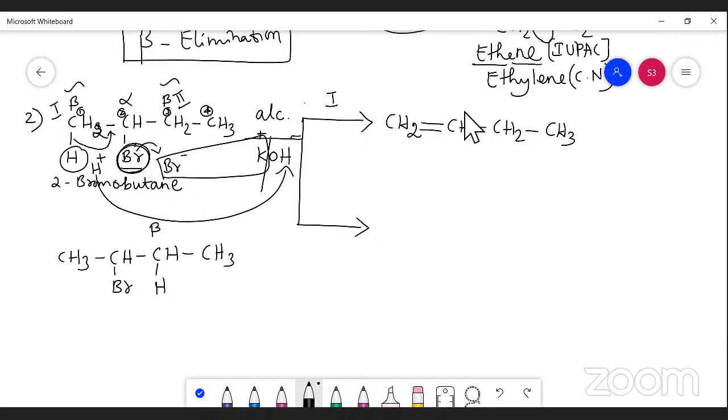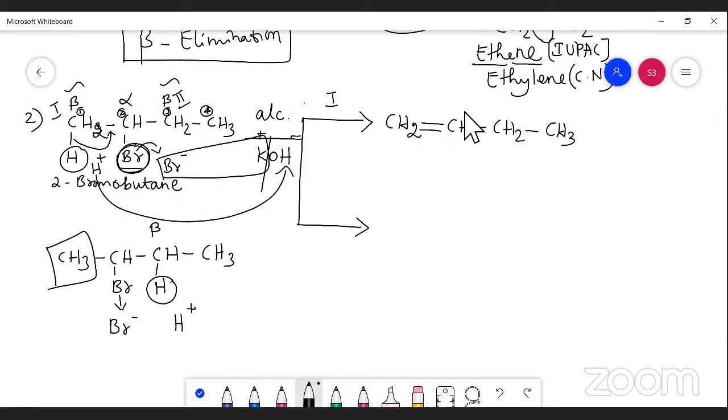So you leave this methyl group as it is; don't disturb that methyl group. You concentrate on the right side beta carbon containing hydrogen. Now what happened? This Br comes out as Br minus, and this H comes out as H plus.